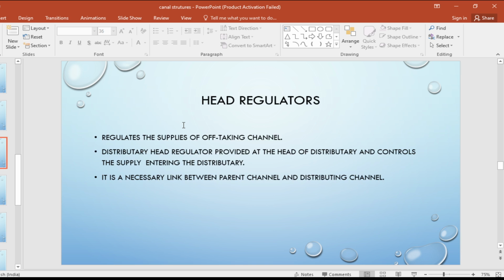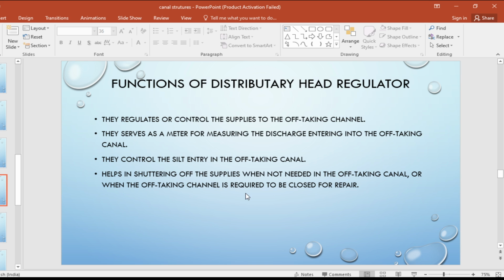Okay, as I have explained in this slide, it is the regulator also, meter of supply also, and silt selective structure also. Okay, so here the second point is that they serve as the meter of measuring the discharge entering into off-taking canal.